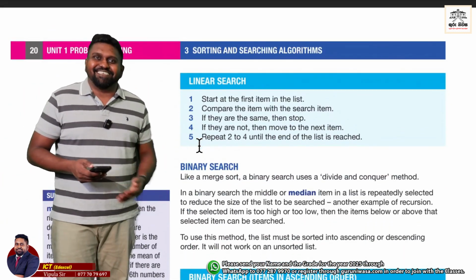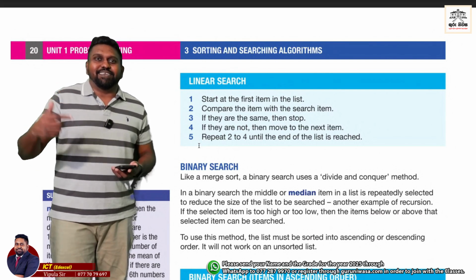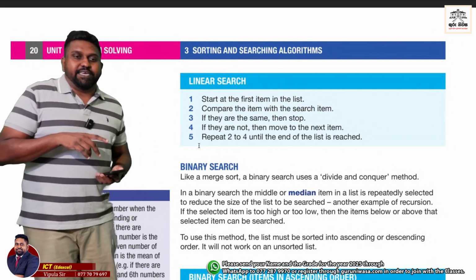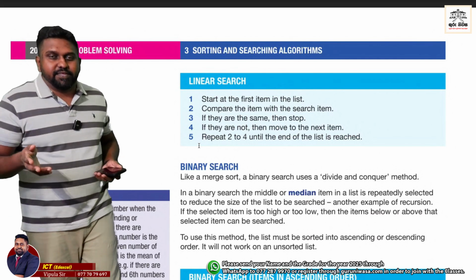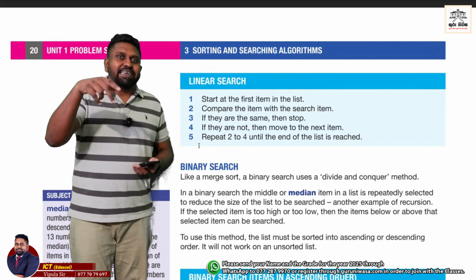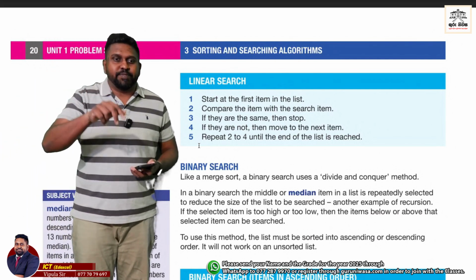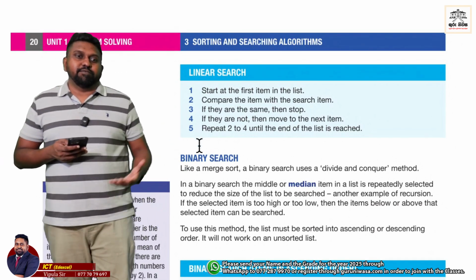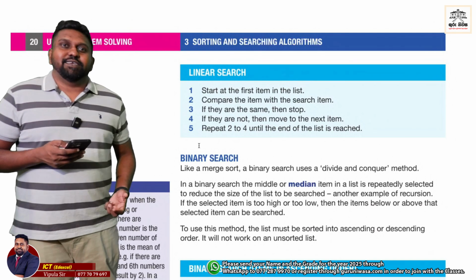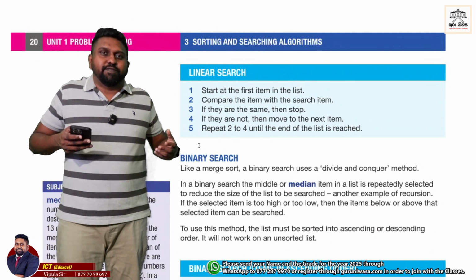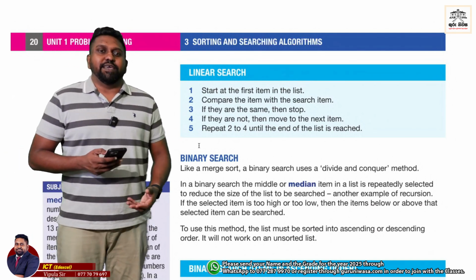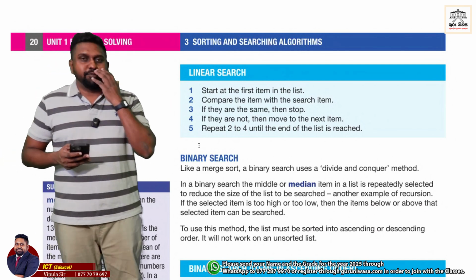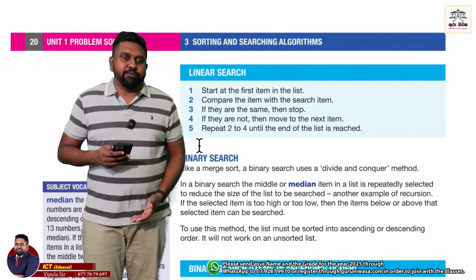It creates a loop and checks one by one, trying to find where that item is. When it reaches that item, it will stop the loop and return the position of that item, so you get to know where it is. It just loops through the whole list and gives you the result.